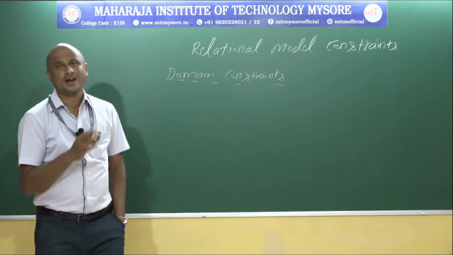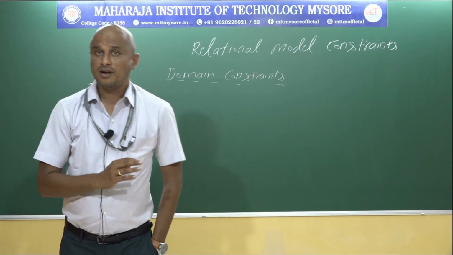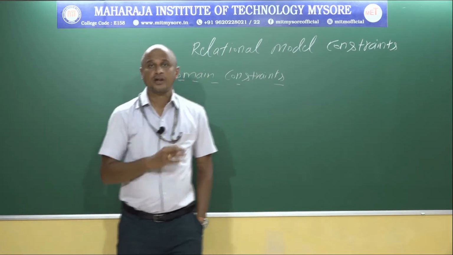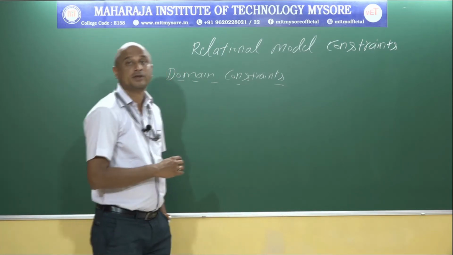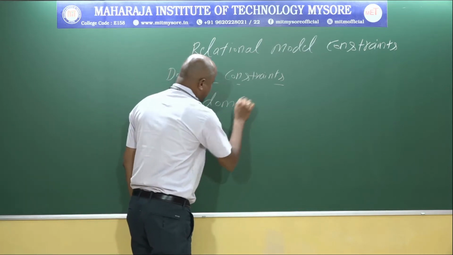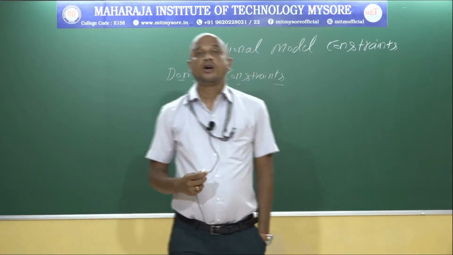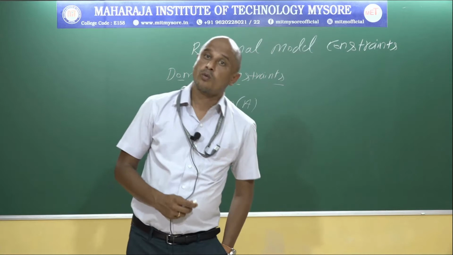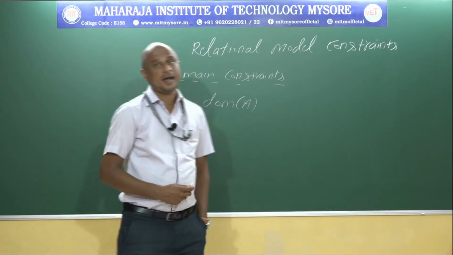You need to define a domain for an attribute of a table, okay. So, attributes of a table must be defined with a domain, so I will say domain of A. I am speaking about the domain of an attribute, which I can specify using data types.